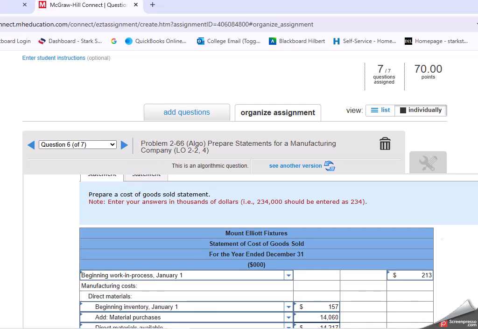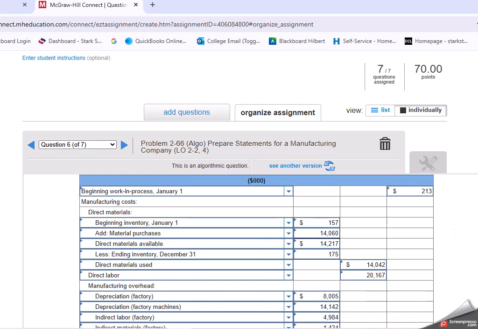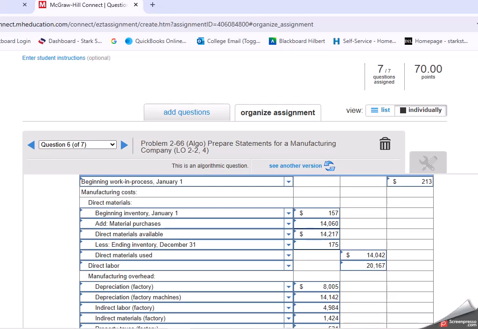So our statement of our cost of goods sold, we always start with our beginning balance of our work in process inventory. Then over to the left, we look at, well, what happened in our direct materials? So our beginning balance for our direct materials plus purchases gives us what was available, less our ending inventory gives us our direct materials used.